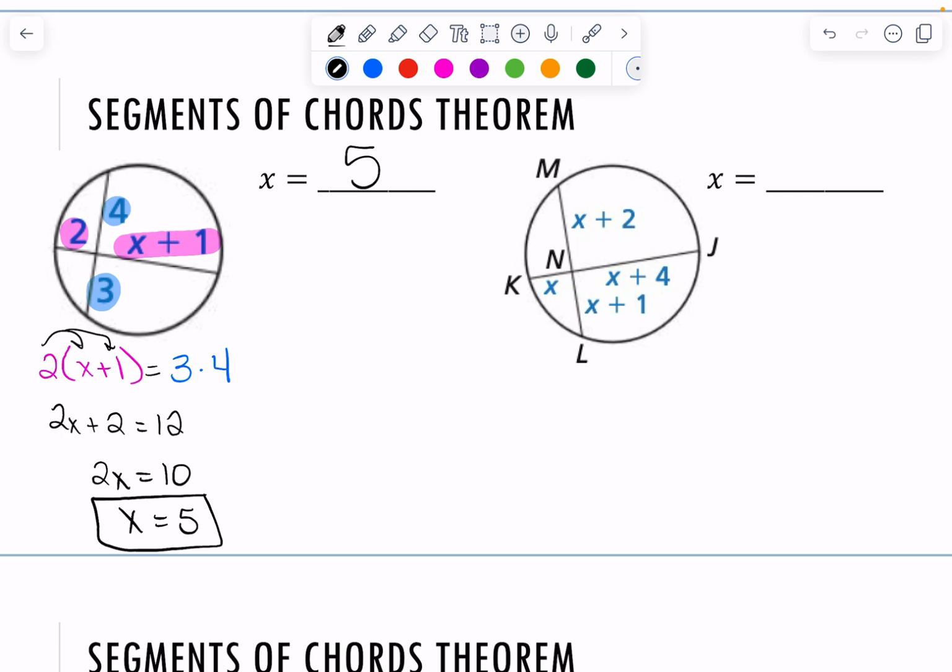All right, let's try the second one. On this second one, again, we're going to start off with the pieces of the first chord. So I've got x times the quantity x plus 4, and that is equal to the second chord, x plus 1 times x plus 2.